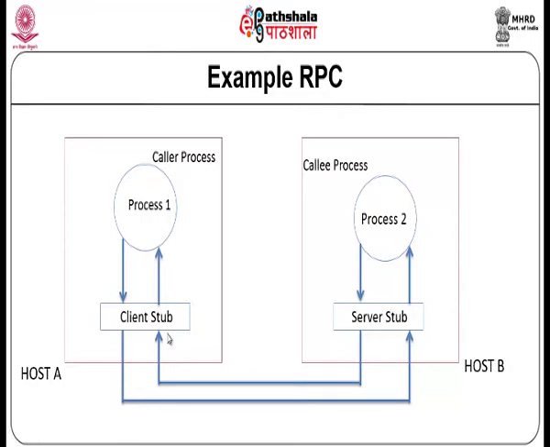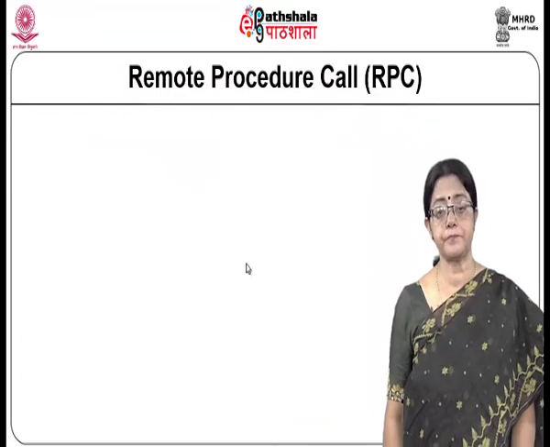In the caller process, the client stub runs, and the process contacts only the stub, which in turn contacts the server stub, which contacts the callee process. Similarly, when it is time for the result to come through RPC, the callee process sends the result only to the server stub, which transfers the data to the client stub, which delivers the data to the caller process.